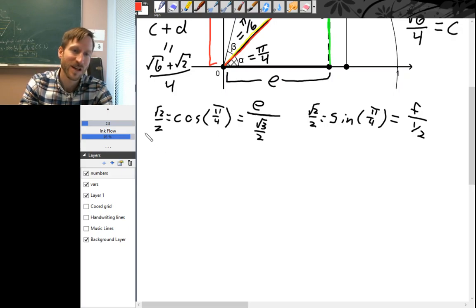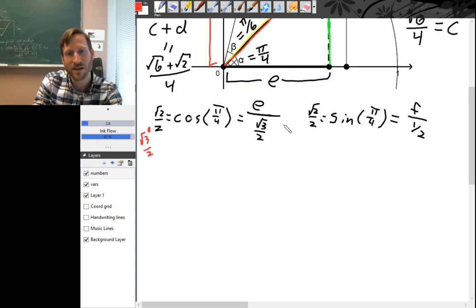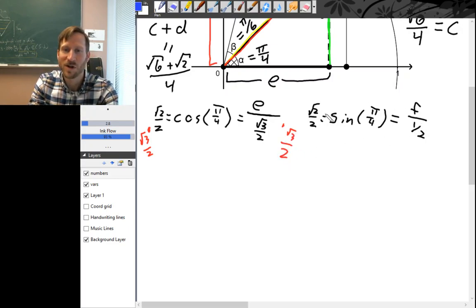So on this left-hand equation, we're going to multiply by root 3 over 2 here and here. And on the equation with sine in it, we're going to multiply both sides by 1/2 here and here.